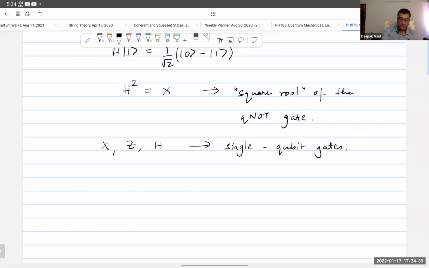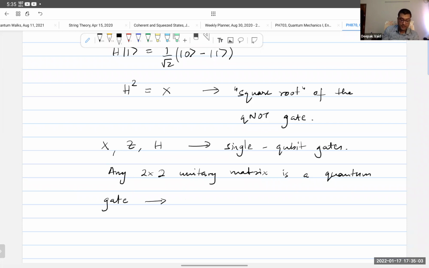And now the thing is that any 2 by 2 unitary matrix is a quantum gate.